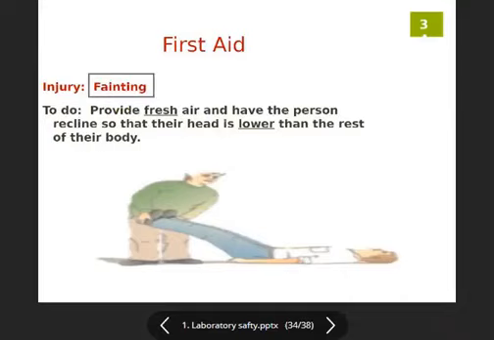Fainting means unconscious. If somebody becomes unconscious, don't worry, just put his head down and his feet up. There will be a flow of blood towards his brain, and after some time he will become okay.